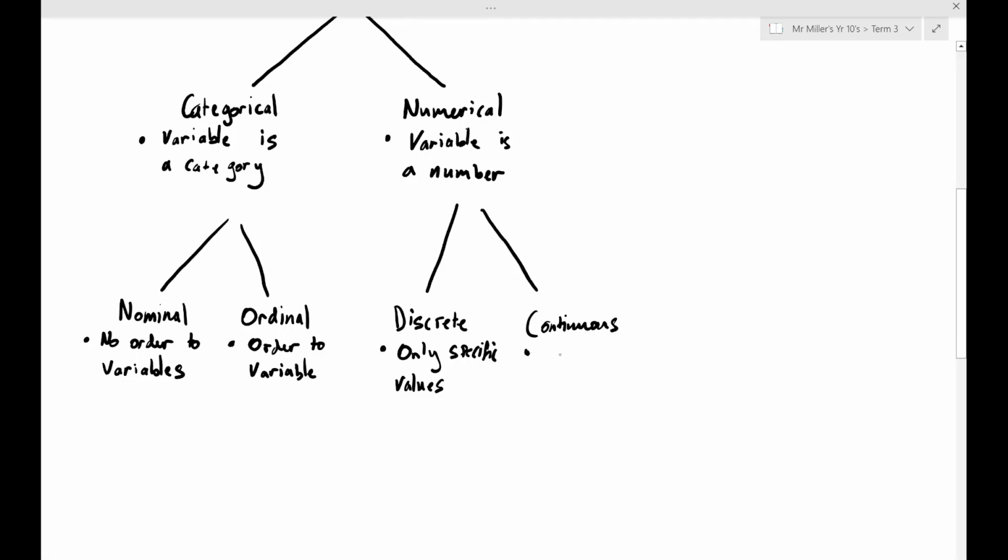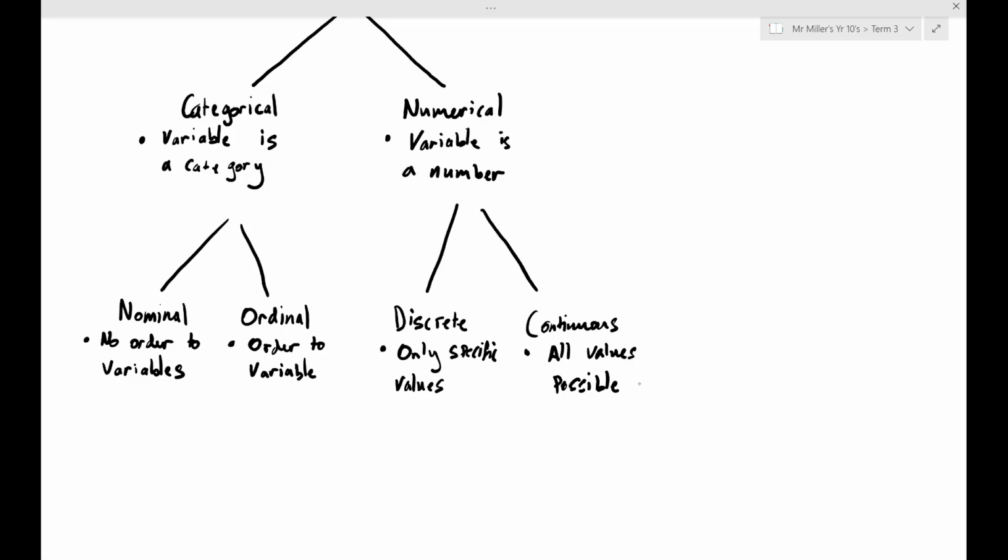Continuous, you might have guessed, all values possible, and again we might say between an interval. So for example, all values between 0 and infinity are possible when we measure this data. An example of continuous data might be height.